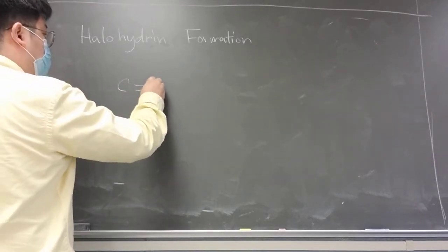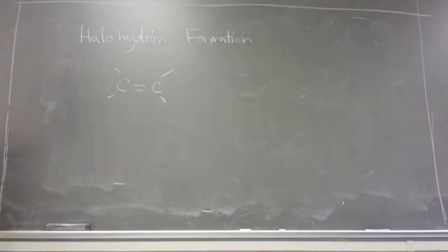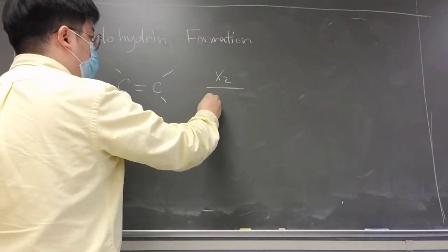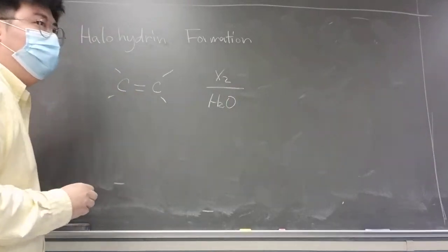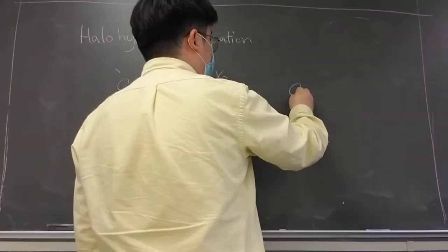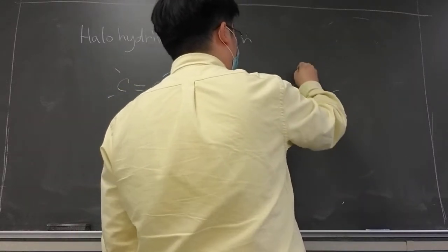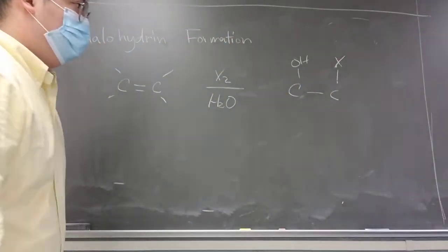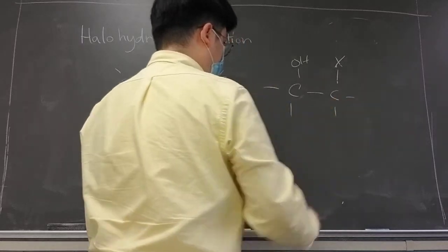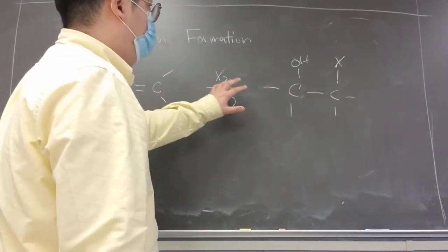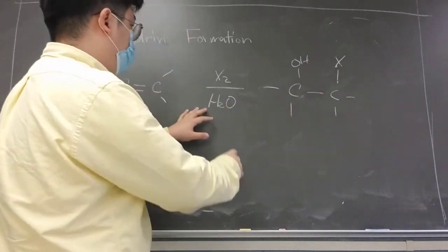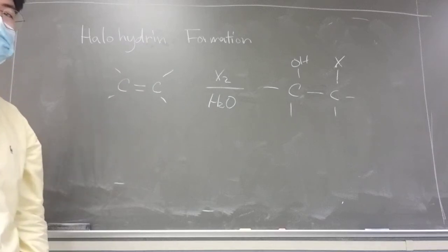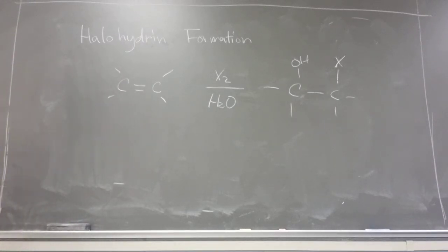If you have any double bond, an alkene, right, and you have a combination of halogen and also water, they can form this. The only difference between these two is that instead of dihalogenation, it's a hydroxy group and the halogen over here. That's pretty much the difference.